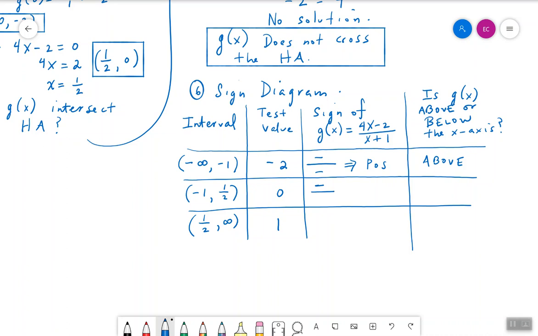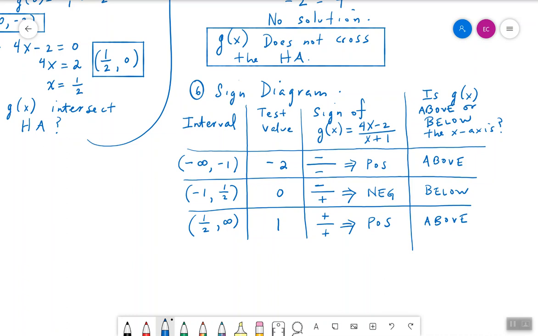In the denominator, 0 plus 1 is +1. Negative divided by a positive is a negative. So we're below the x-axis. And then if we plug in 1, we get 4 times 1 minus 2, which is a positive, and 1 plus 1 is also a positive, and so we wind up with positive. And we're back above the x-axis.